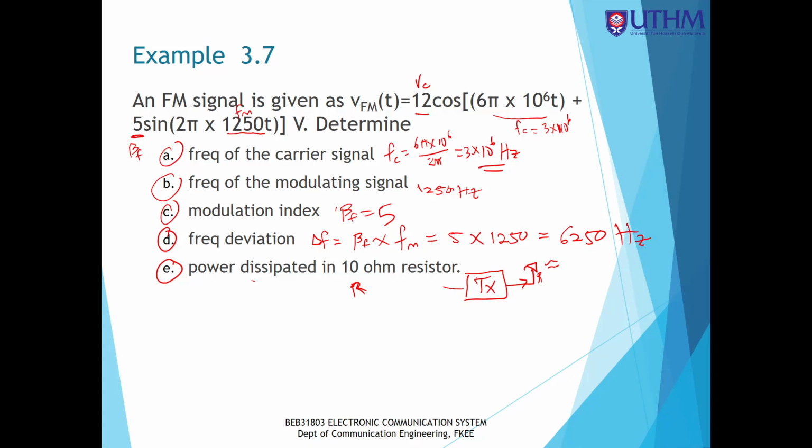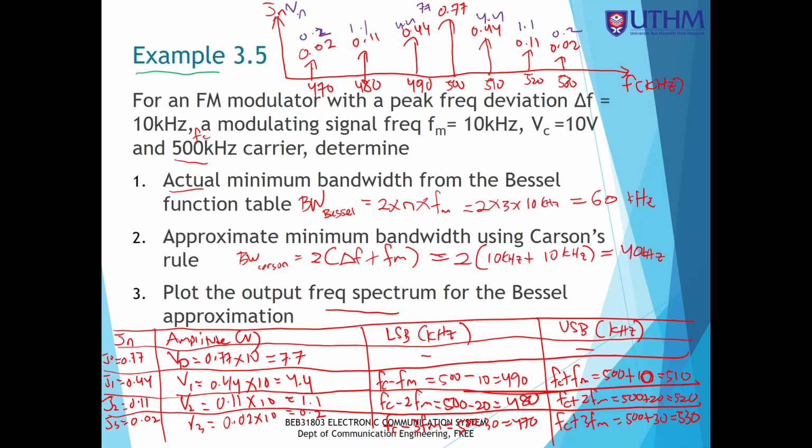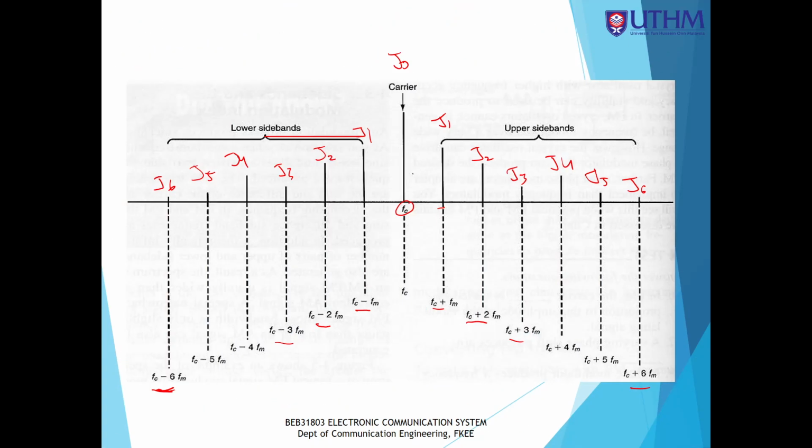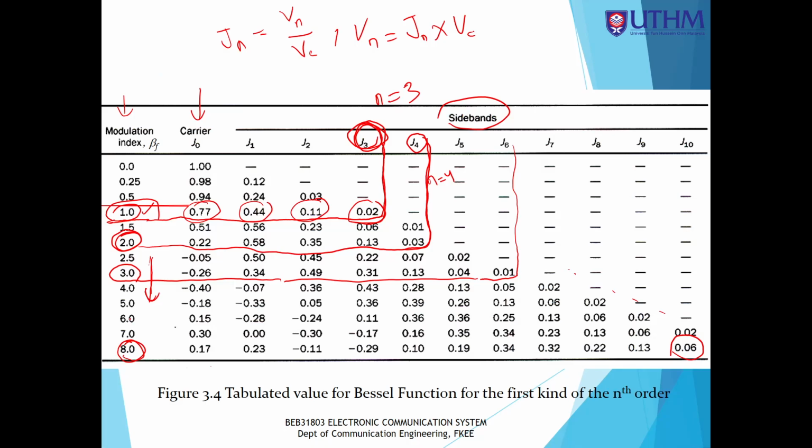Okay, so total power is equal to, if you see from the Bessel table, let's look at the Bessel table. If beta is equal to 5, we're going to get up to how much?